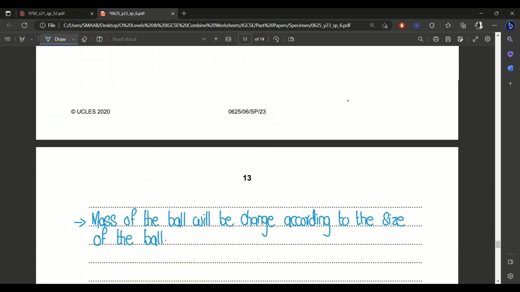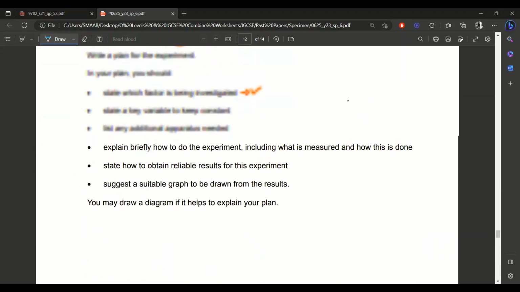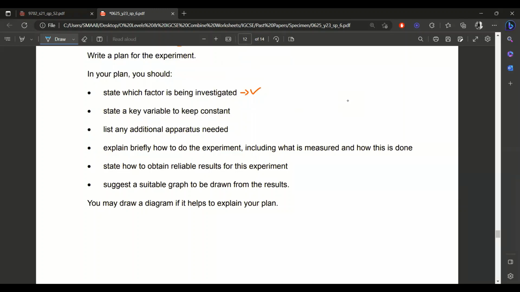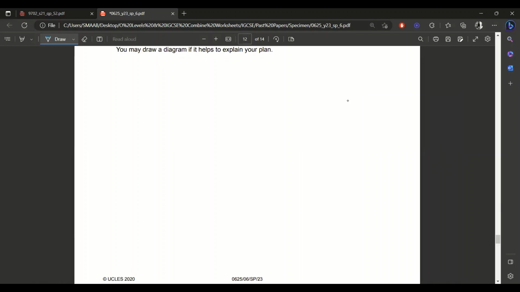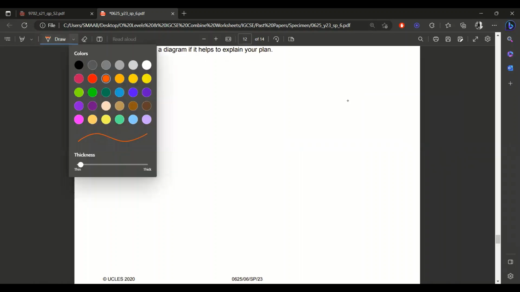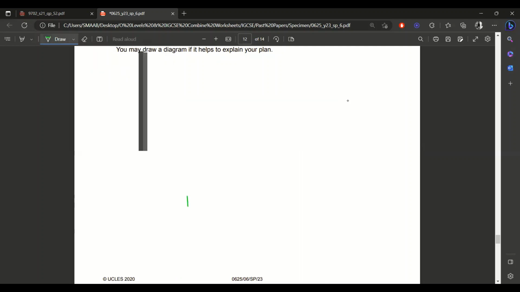And next, if we are talking about the constant factor, we also need to tell which factor we are going to keep constant in the experiment, right? Let's suppose we have a tub of sand over here. There is a tub and there is sand in it.